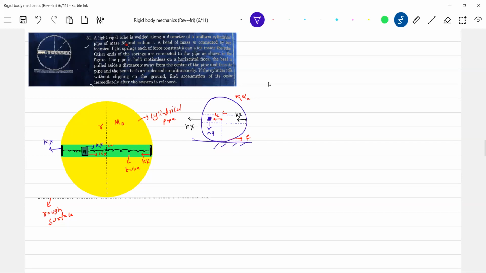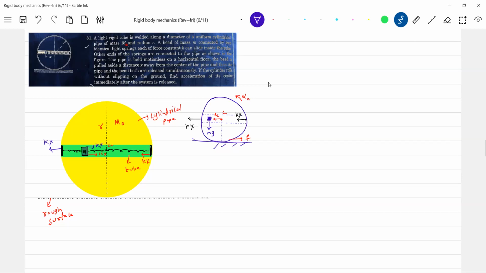Now look, we'll describe the translated motion of the pipe. The cylindrical pipe, tube and pipe are different here. What is the motion of that one?